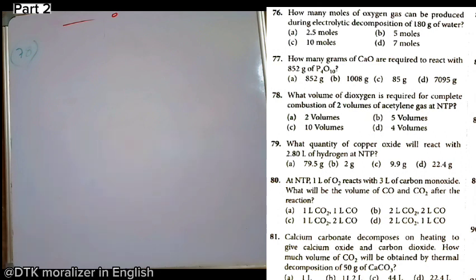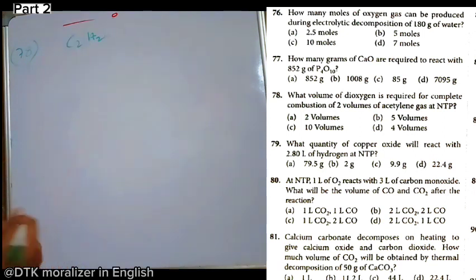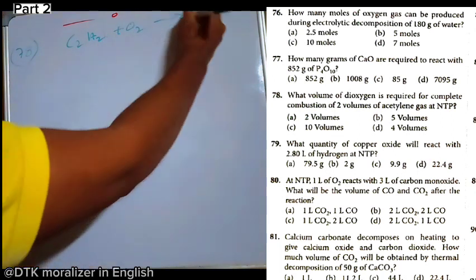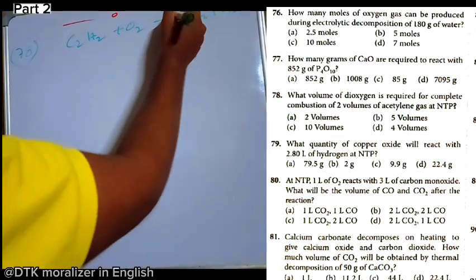Question number 78. What volume of dioxygen is required for complete combustion of 2 volumes of acetylene gas at STP? Here C2H2 plus O2 gives CO2 plus water.